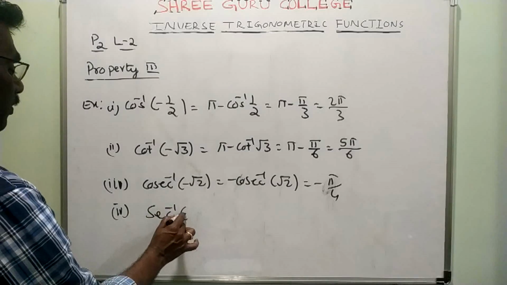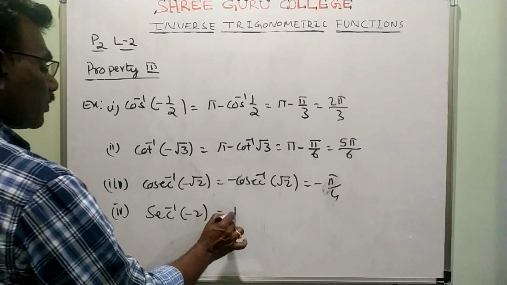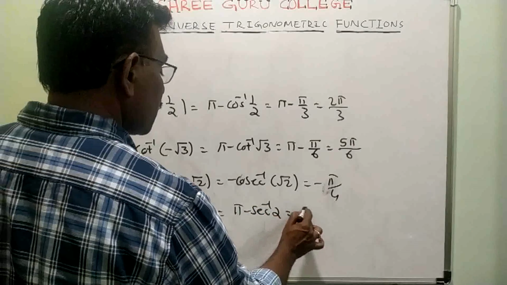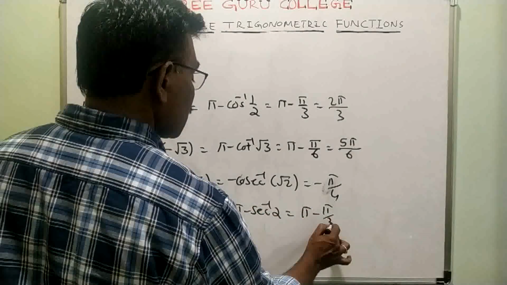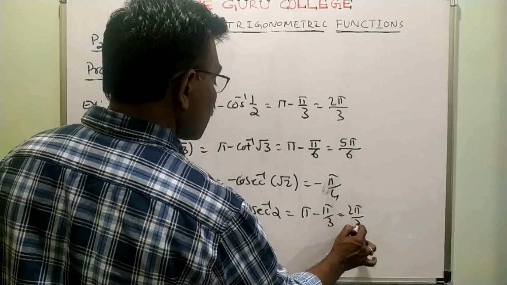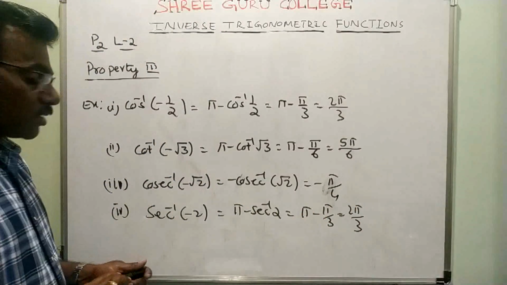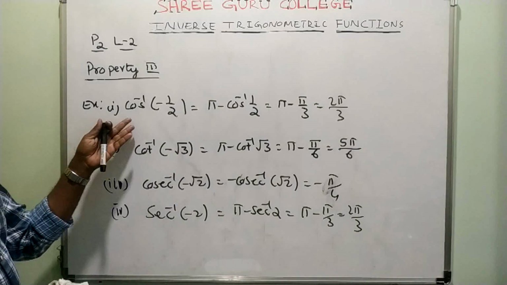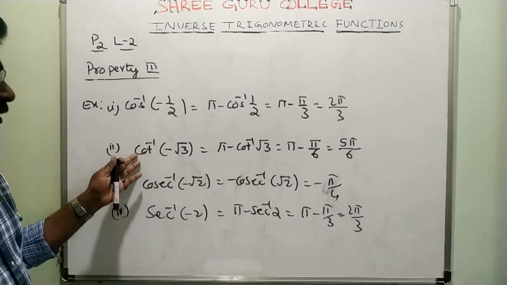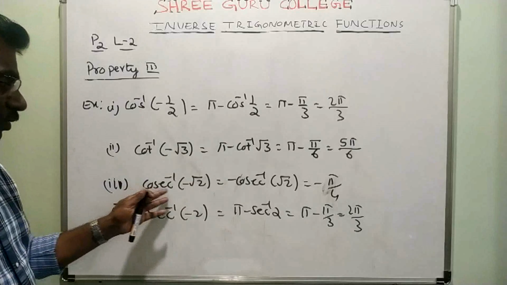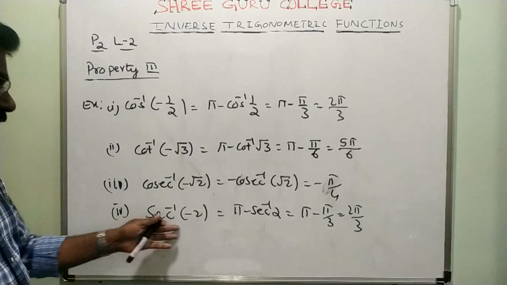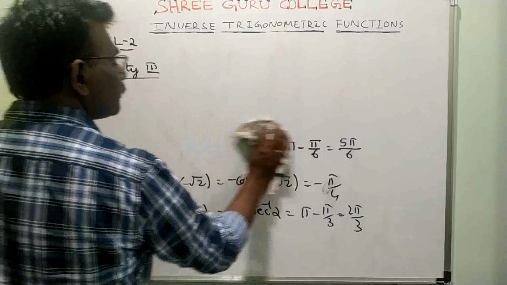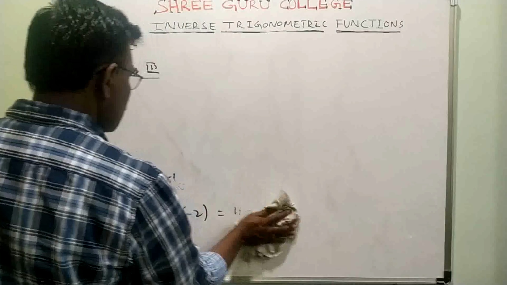Secant inverse of minus 2 is pi minus secant inverse of 2, so pi minus pi by 3 is equal to 2 pi by 3. These are the minus x domains. Cos inverse, cot inverse and secant inverse of minus x are pi minus, and sin inverse, tan inverse and cosec inverse of minus x are negative. So I have finished this property.